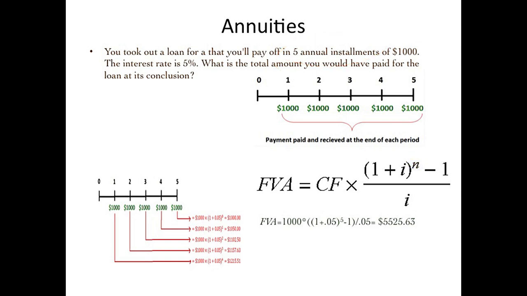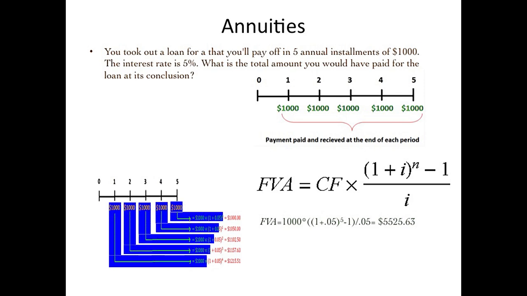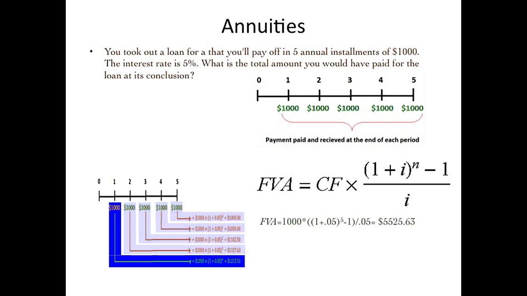Now, if we wish to calculate the future value of these series of payments, there are two ways to do it. One is the long way, which is treating each of these sums on the timeline as single sums and then moving them individually to the future, right? So that's, in this example, time 5. For example, take the $1,000 payment that occurs at time 1, move it 4 periods to time 5.